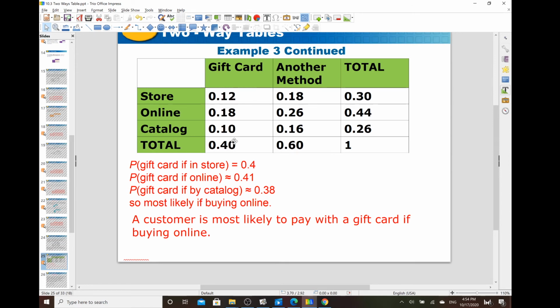So 0.12 divided by 0.4, you get 0.4. And then gift card if online. So the online one, 0.18 divided by 0.4. So it's 0.41. Doesn't make any big difference, just slightly a little bit higher. And then gift card by catalog. So 0.1 divided by 0.4, 0.3.